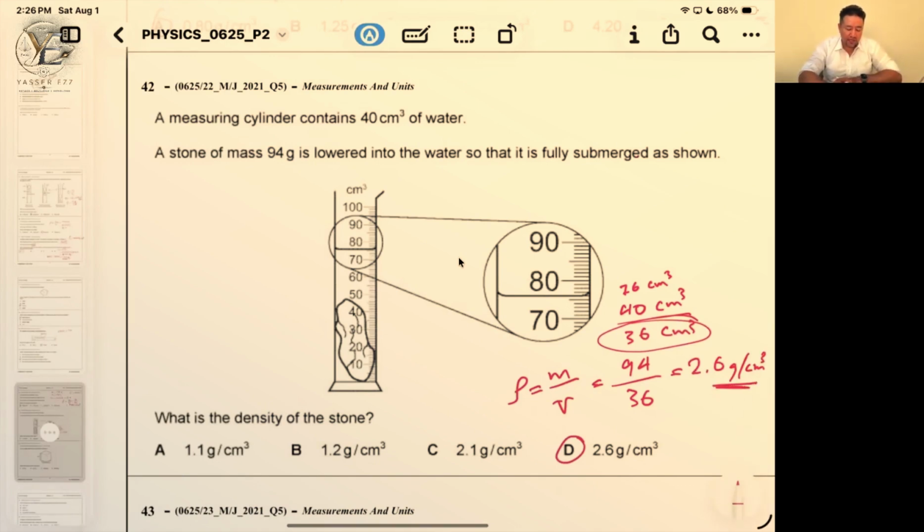As we said, the calculator is tricky and they are playing with numbers. So be careful. Don't write the whole number, and make the number match the significant figures given in the problem. The significant figures given in the problem here is 2 significant figures. 40 is 2, 94 is 2. So the answer must be within 2 significant figures. I'm telling you this because we are going to use it in paper 6 and paper 4 later while solving them.